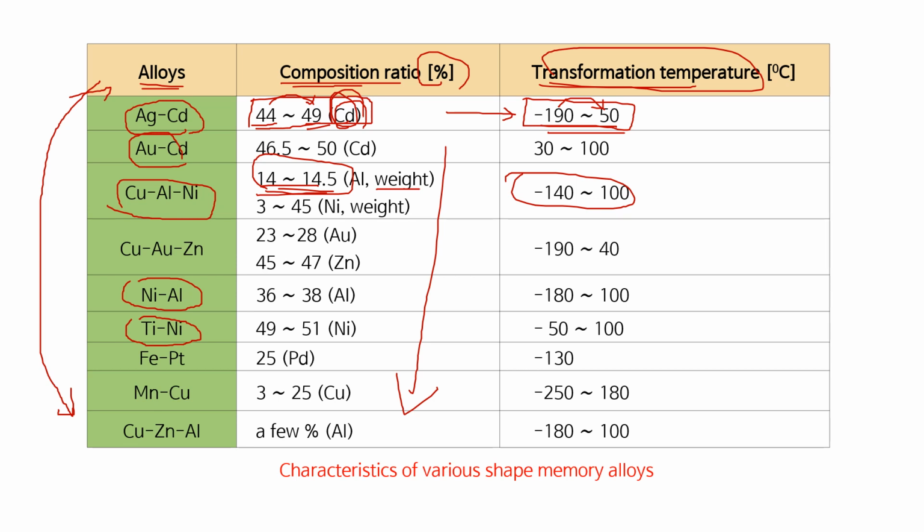In industry, nickel titanium is widely used, and here we change the composition of the nickel from 49 to 51%, just a 2% change. Then we have here a 150 degree change in the transformation temperature. So you can see a very little change in the composition gives a very large change in the transformation temperature.